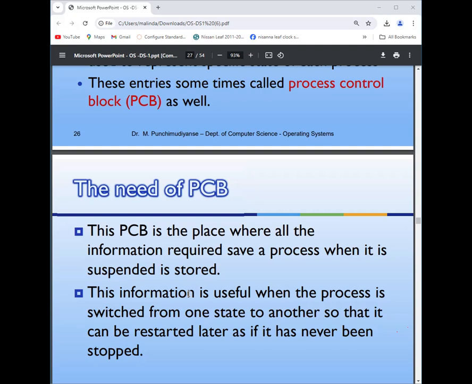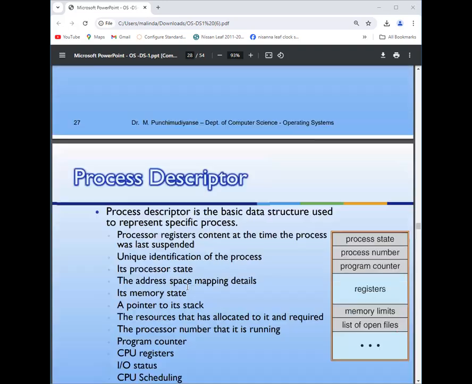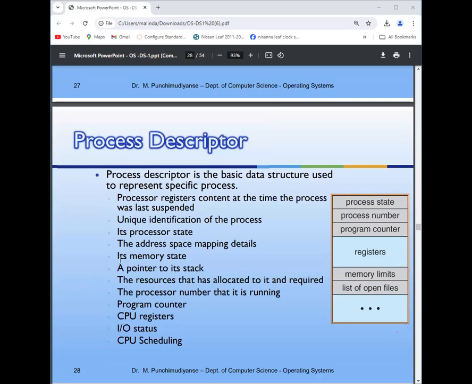When processes switch between CPUs, this is very much essential. So these are the different fields in a process descriptor or process control block. It's a basic data structure. First of all, it has the processor register contents at the time the process was last suspended.